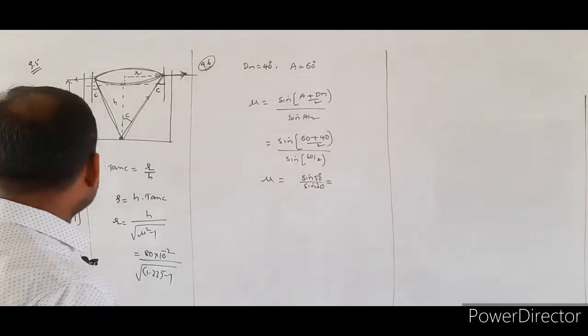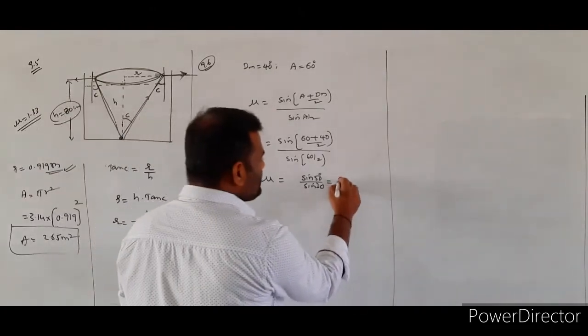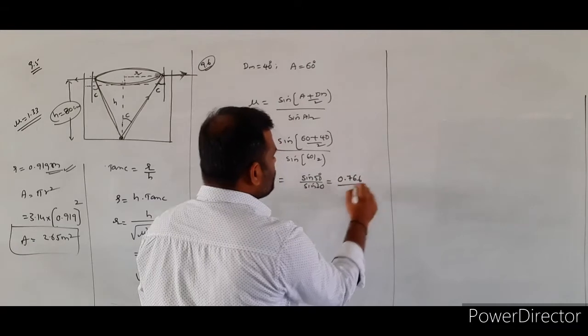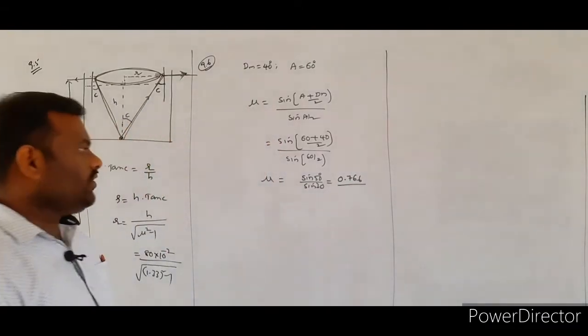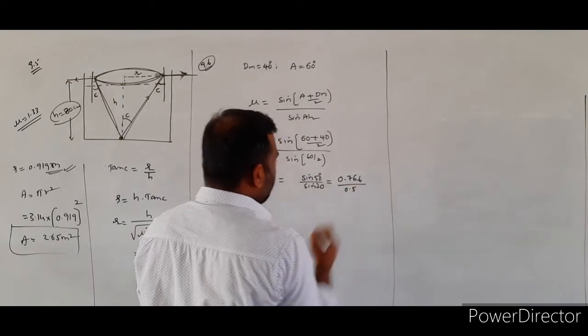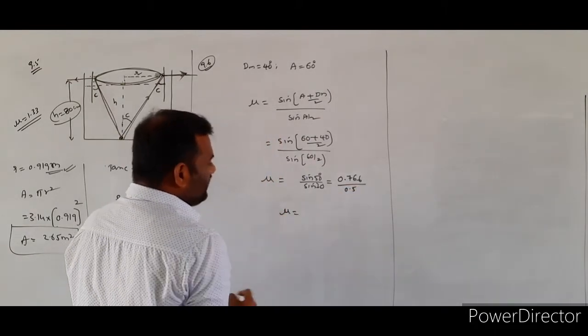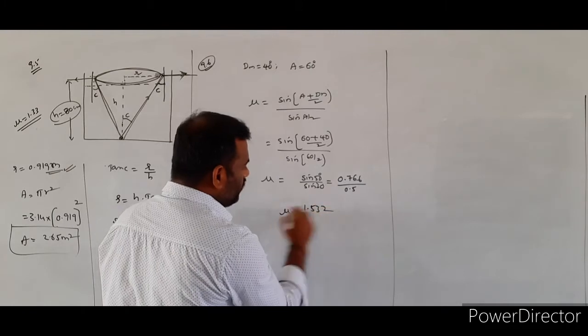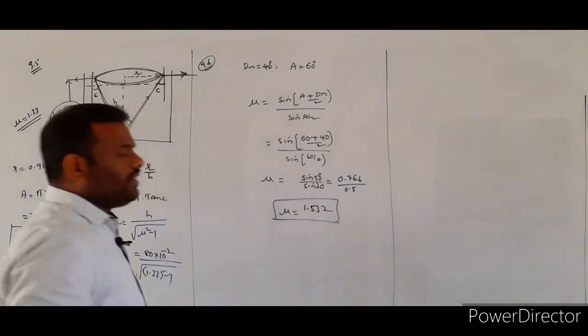From the sine table, sine 50 value is 0.766. Sine 30 value means 1 by 2, that is 0.5. If you simplify, the refractive index of the glass is mu equal to 1.532.